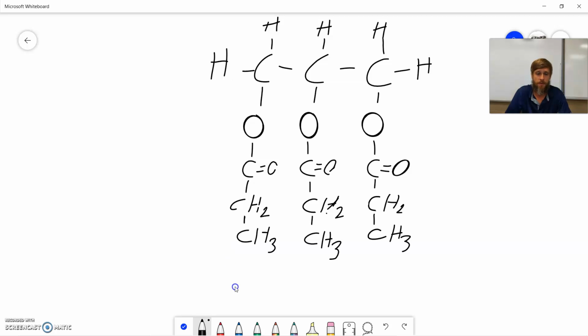But what happens if we remove a hydrogen? Remember, carbon wants to form 4 bonds.